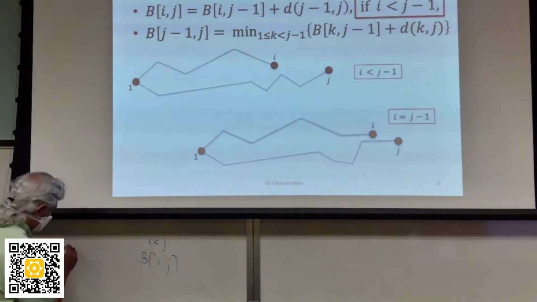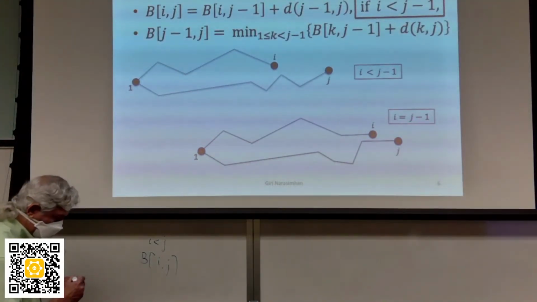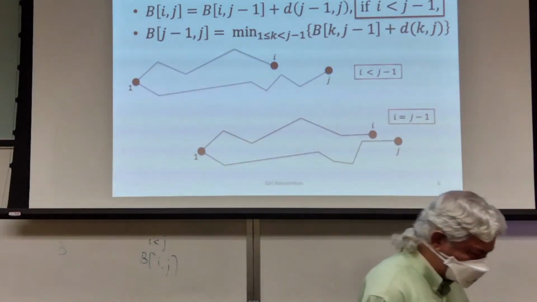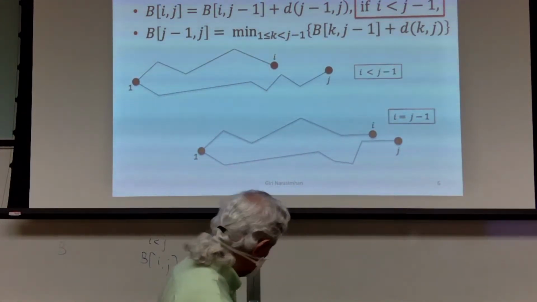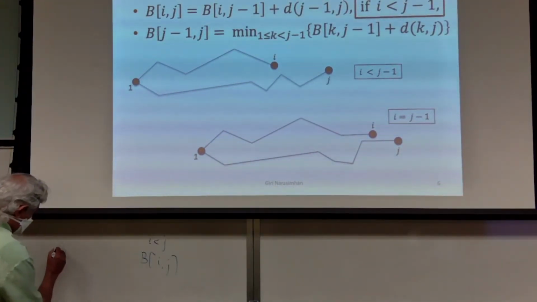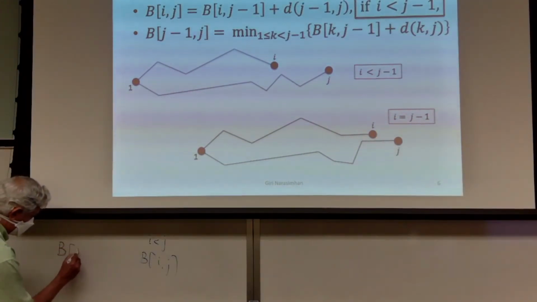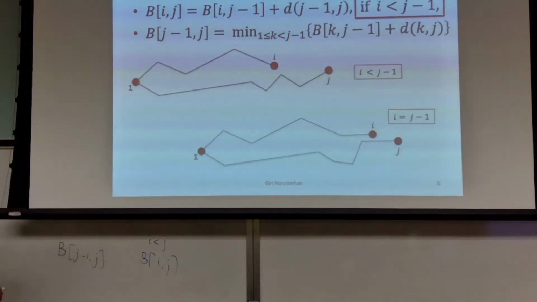So if i is j minus 1, then really what we want is b of j minus 1, j. So I have one here somewhere. One path goes all the way to j minus 1. The other path goes all the way to j.